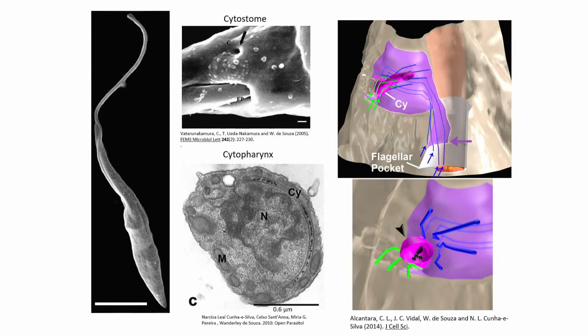So this is a tomography, normal tomography of resin-embedded samples, where we can see the region between the flagellar pocket and the cytostome, the opening here, and the cytopharynx going deeply into the cell, accompanied by 7 microtubules. So keep this in mind, because we will need this for the paratrypanosoma.